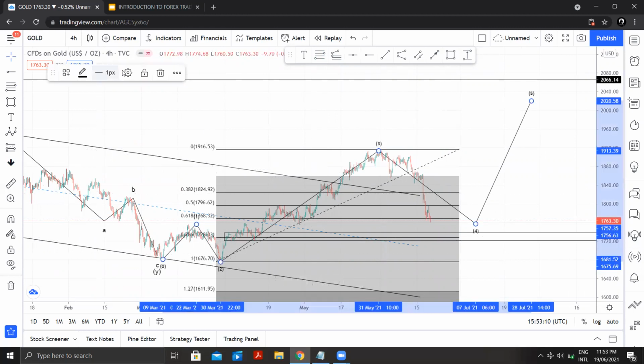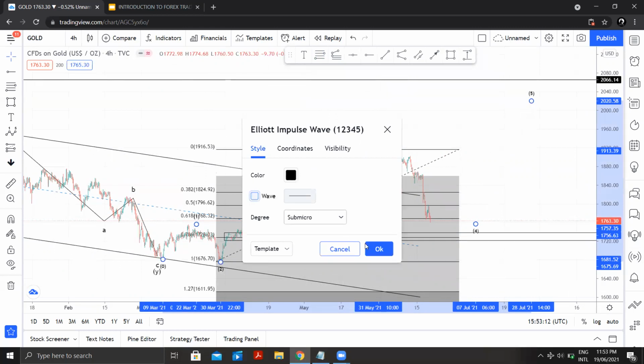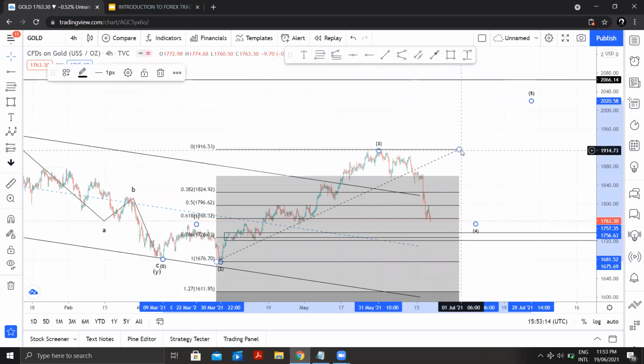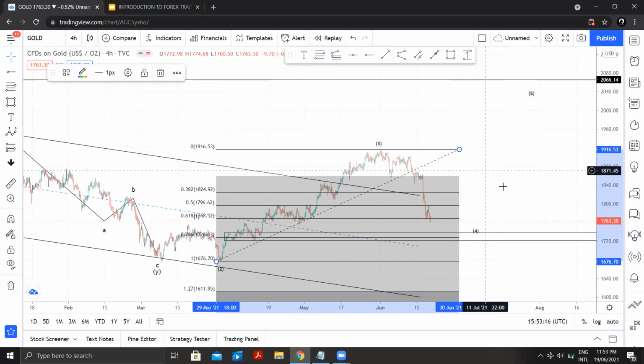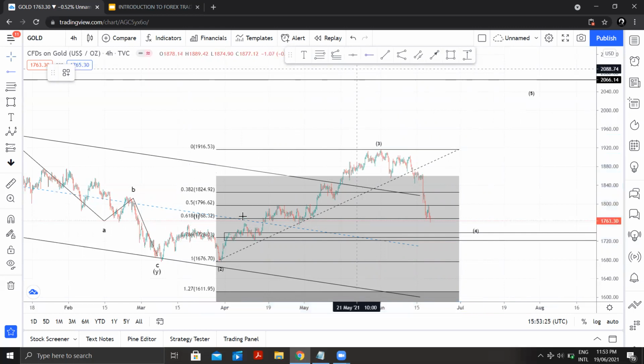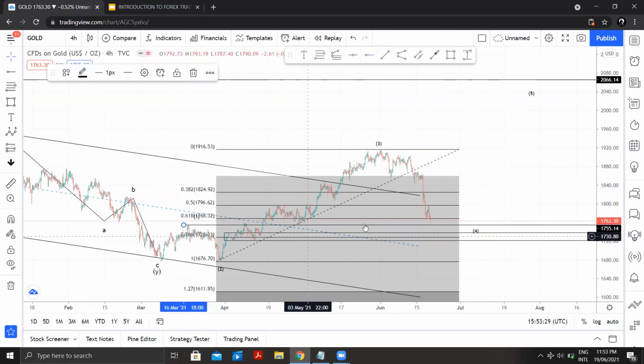According to the Elliott wave principle, price hasn't got to the start of wave one. Unless price breaks into the territory of wave one, this present count will be invalid, and this is the start of wave one. So let me just clean it.